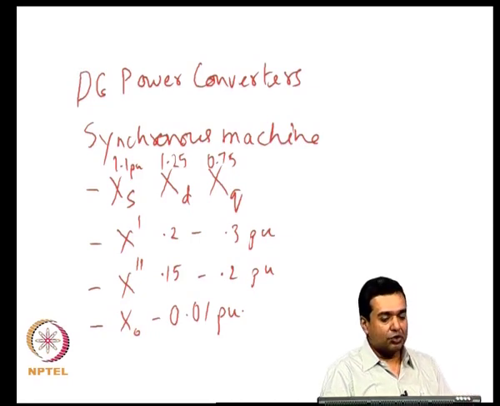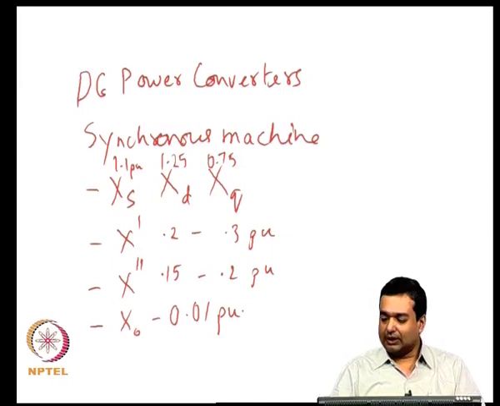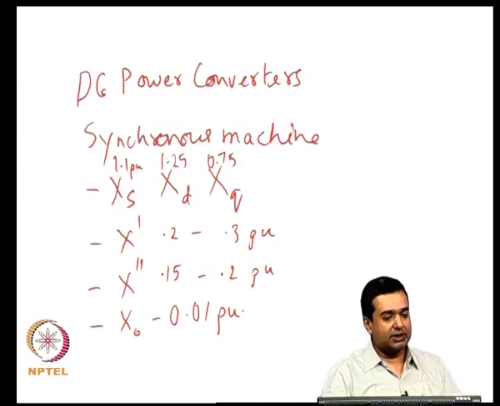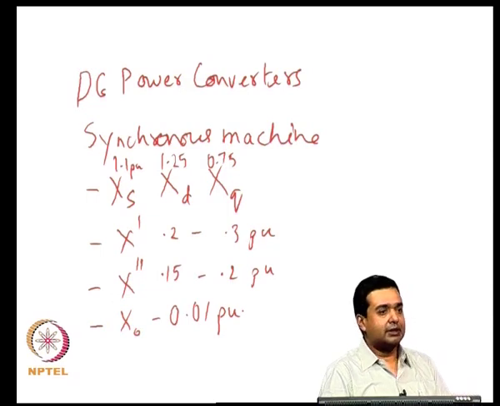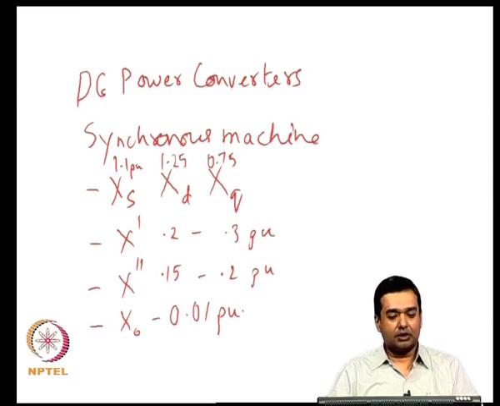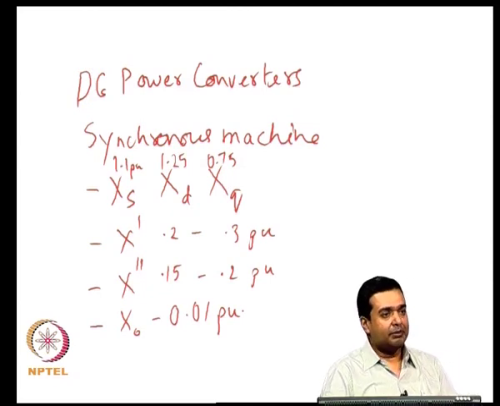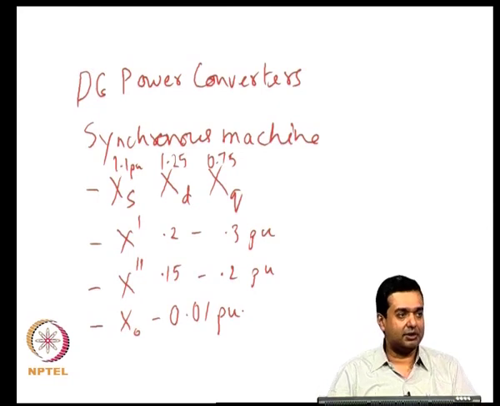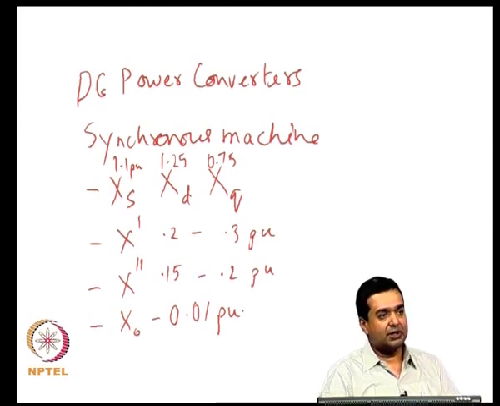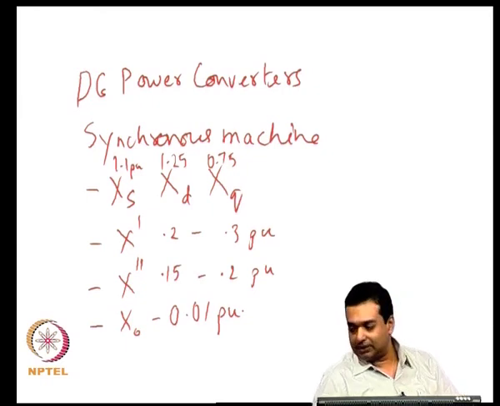So, you end up with very small impedances. So, you will end up with some unusual situations, for example, in a synchronous machine where your single line to ground faults or single phase faults might end up taking more current than a 3-phase fault. So, you end up with situations which are slightly unusual.